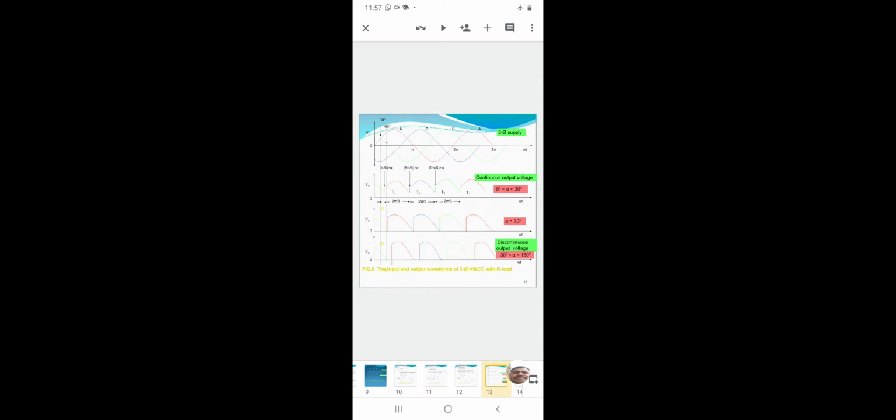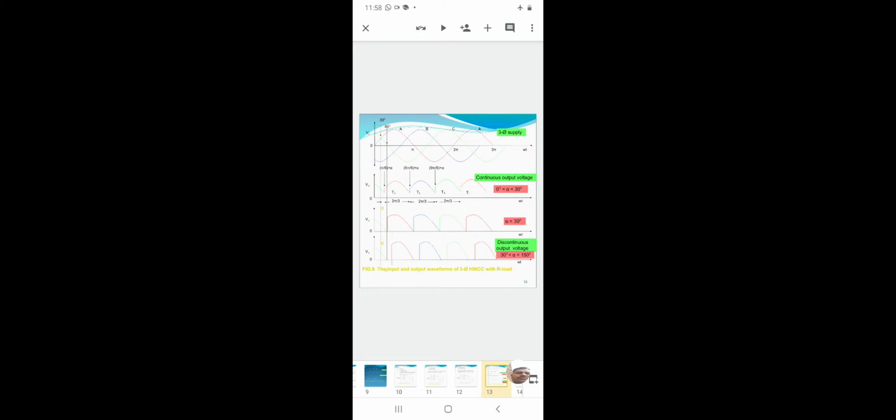Here, π/6 plus alpha, where alpha equals 60 degrees. Then the thyristor starts conducting after a delay angle of 60 degrees, and the average output voltage is like this in the fourth waveform, including the supply voltage. In the discontinuous output voltage, alpha is greater than 30.